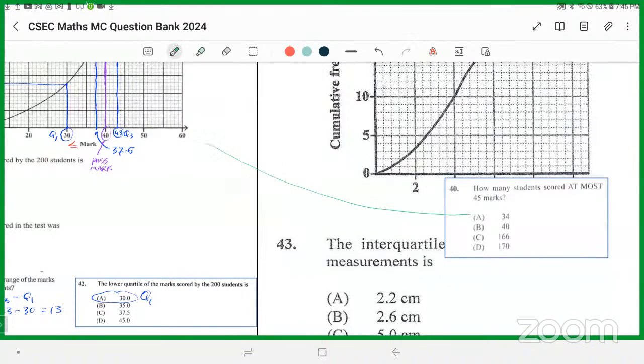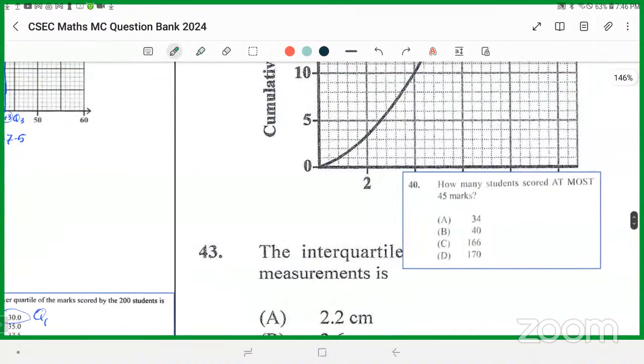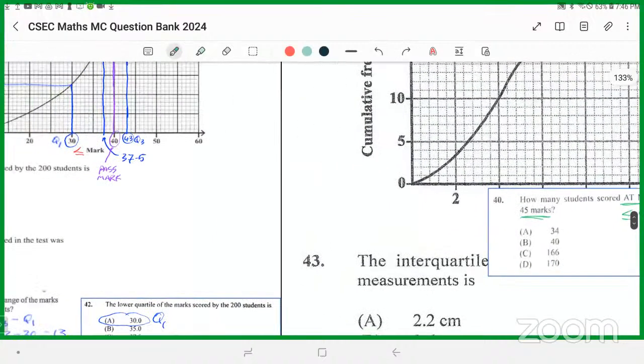At most 45 means you want how many people got less than or equal to 45 marks. The graph will show you that. Just find 45 on the graph and see what number of students that corresponds to.